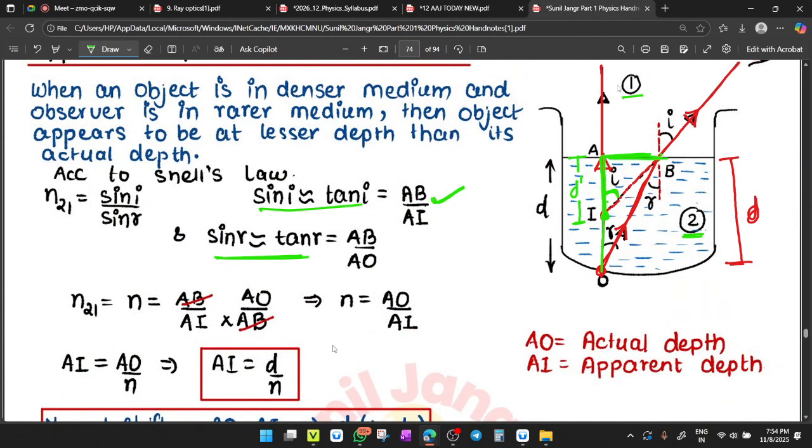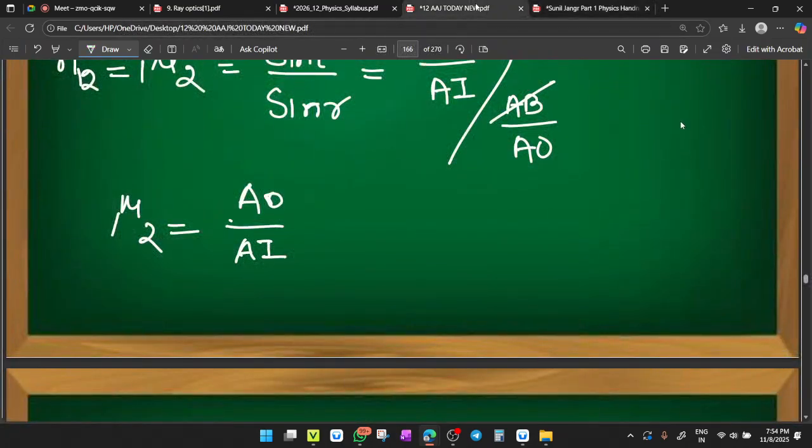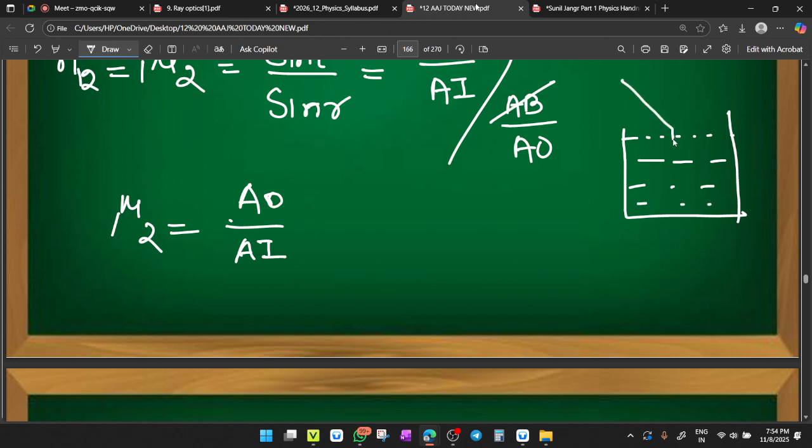So it is equals to AO upon AI. 1 mu 2. Check here. The above medium is air and the second medium is liquid, say water or anything. So when a light ray is coming from air to water, the relative refractive index is called the absolute refractive index.